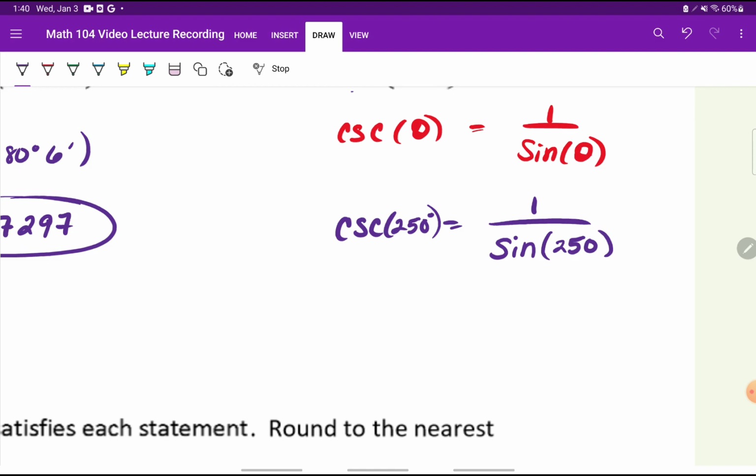Remember that the range for cosecant is anything except between -1 and +1. I always like to have an idea of what my answer is going to be before I get it. That helps me throw out unreasonable answers. We end up with -1.0642.